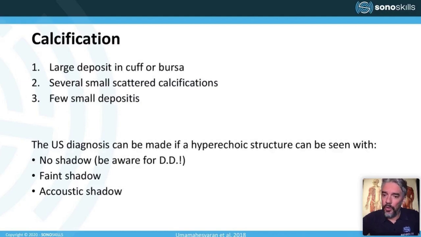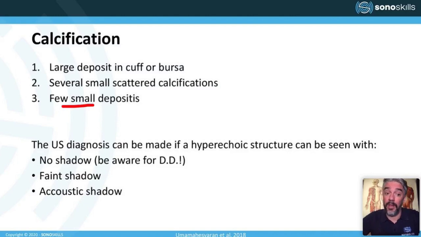And we also know that these calcifications can migrate in the tendon, so they can start in the deeper tendon and they can migrate, and then at one point come in contact with the subacromial subdeltoid bursa and even penetrate into the bursa. And the calcifications, as you know, can be large, or some smaller ones, or very scattered, a lot of small deposits.